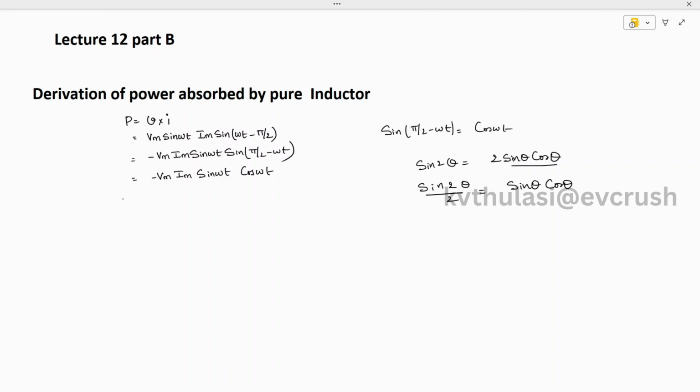Here theta is replaced with omega t, so you get minus Vm Im, and sin theta cos theta can be written as sin 2 omega t divided by 2. Therefore the power is minus Vm Im divided by 2 into sin 2 omega t.